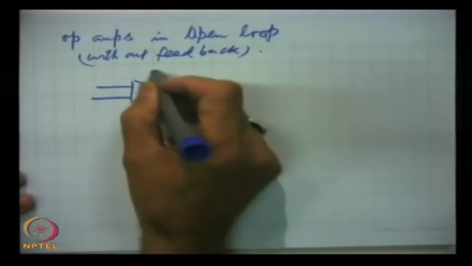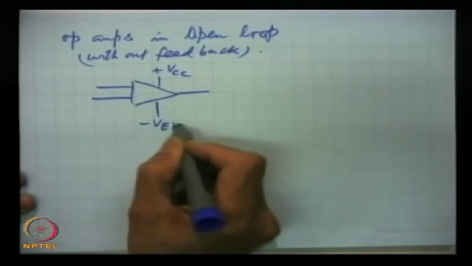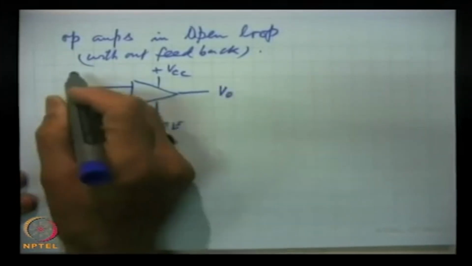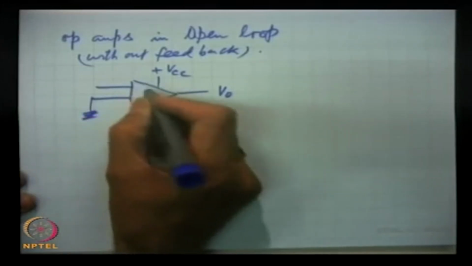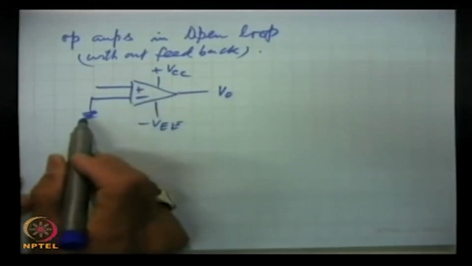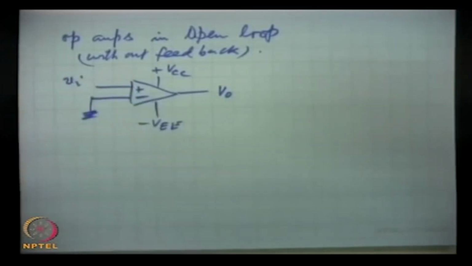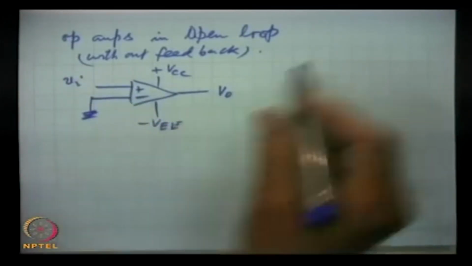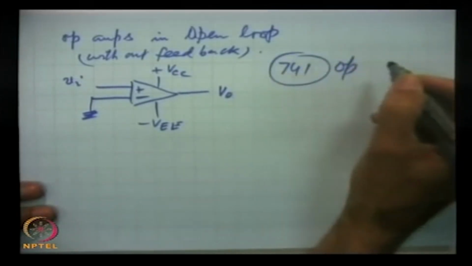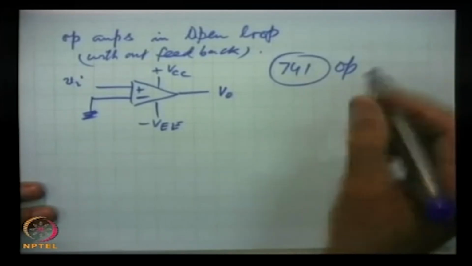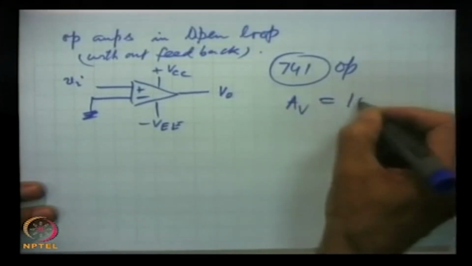This is of course the voltages we have to supply, the output we will take, and here suppose we ground one input and we give a small voltage here, and the gain for the 741 op amp which we will be taking for our discussion, this voltage gain is 10 to power 5.